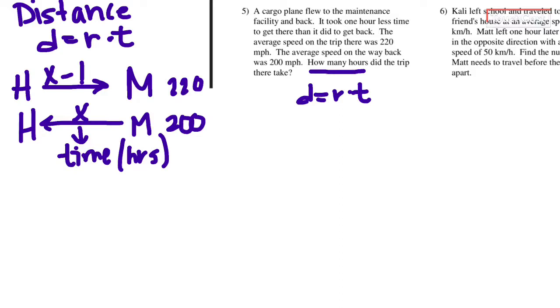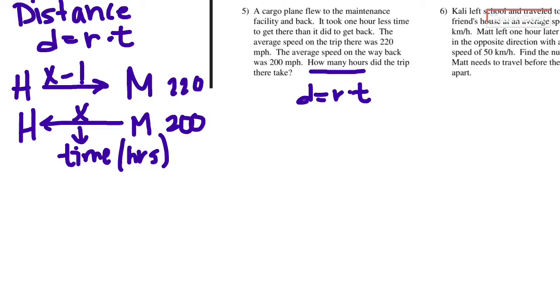So if it was finding the total, then we would have been able to add them together. But since this one doesn't say anything about the total time, or it does say how many hours did the trip take, but we're not combining the two trips together to make one big long trip. So I bet that we need to set two things equal.